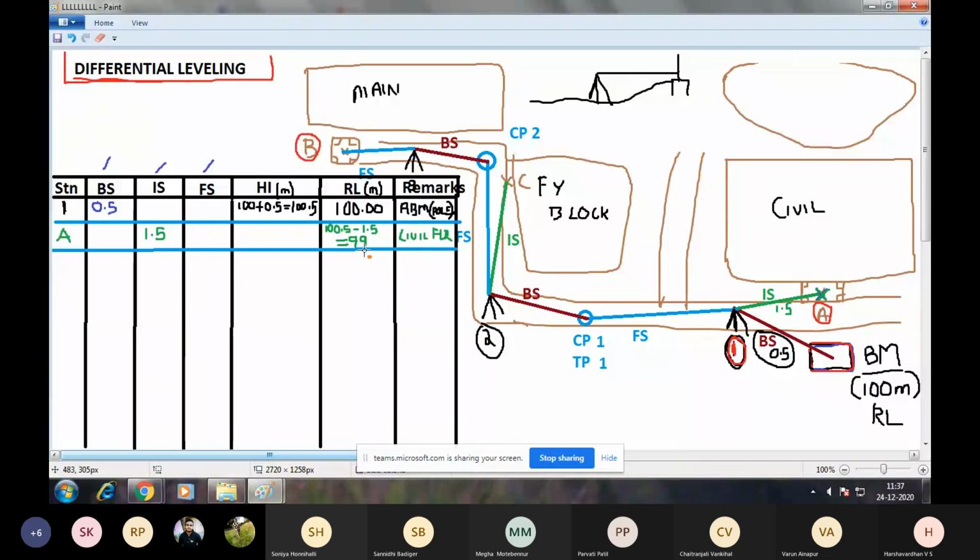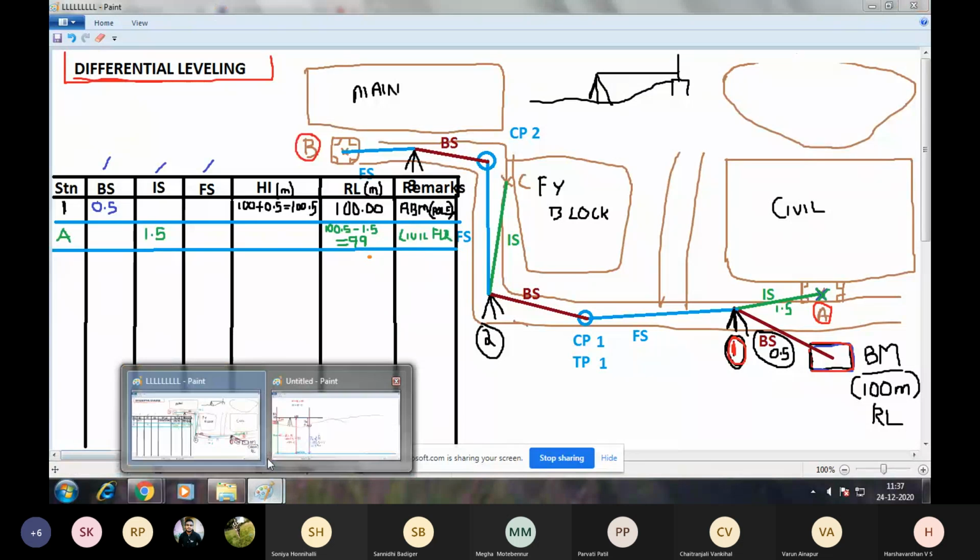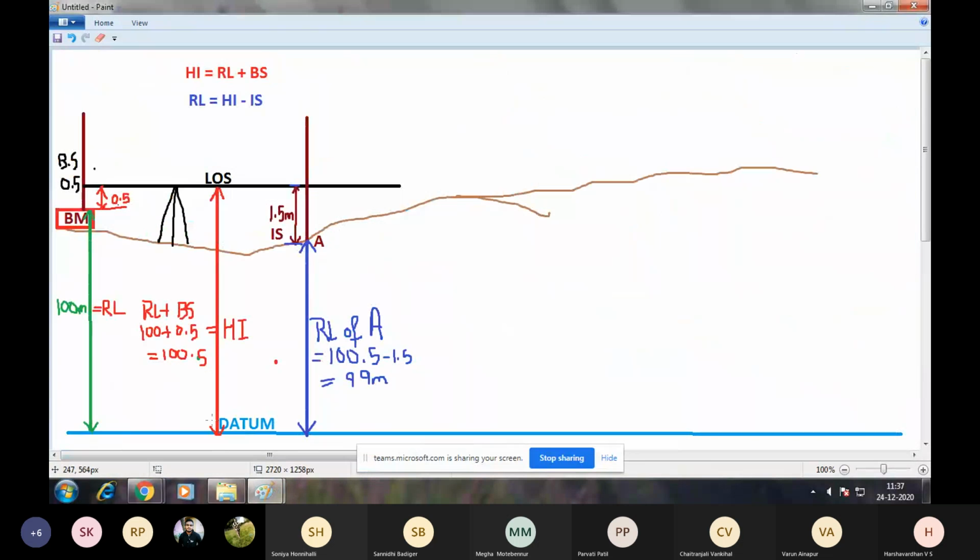Any doubts in calculating the RL of point A? Height of instrument minus this intermediate sight. If you have any doubts, raise your hand and I can explain it again.